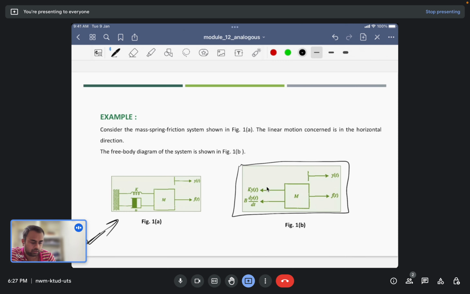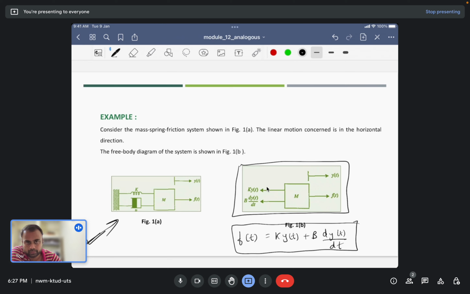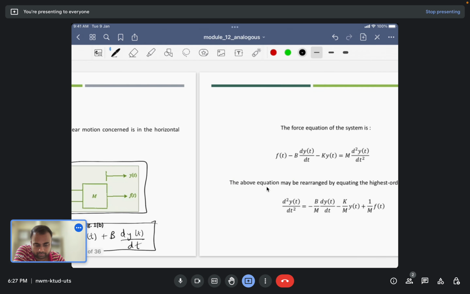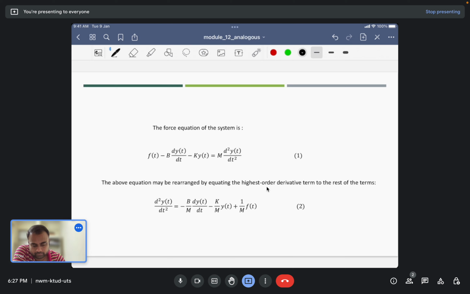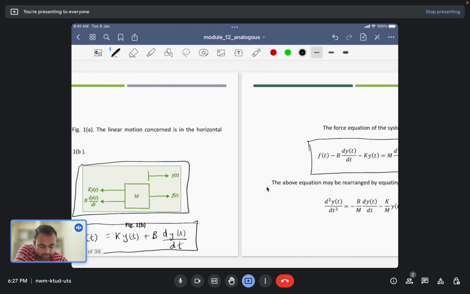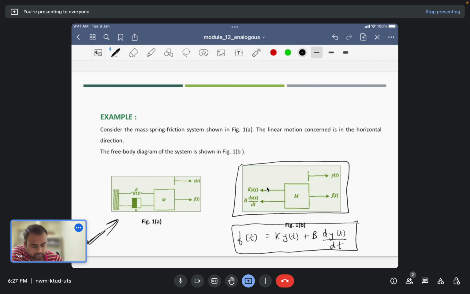So the sum of all these components should be equal to 0. So f of t should be equal to k y of t plus b into dy by dt. So this is again a differential equation. So the force equation here is written, and we converted the components here.